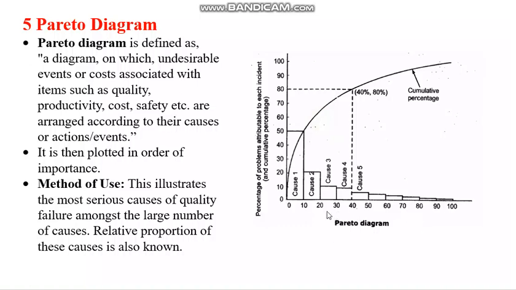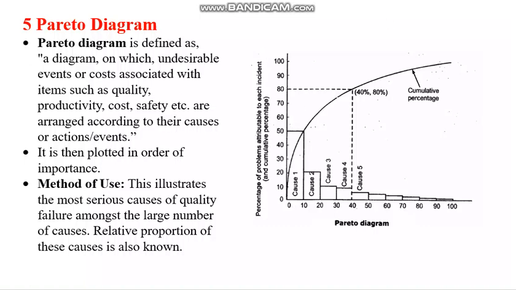If you see this Pareto diagram, on the x-axis you have the different causes. On the y-axis you are seeing the percentage of problems attributed to each incident, or the cumulative percentage. Cause 1 is why the quality is poor, you can say.